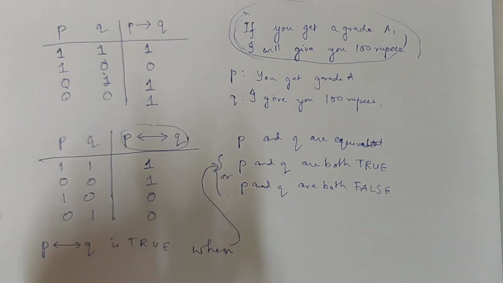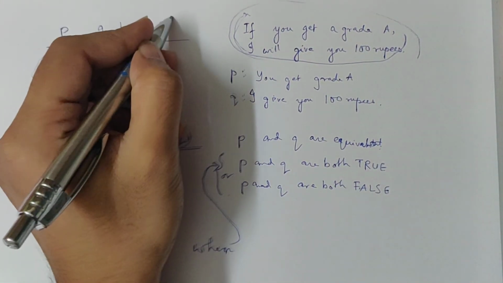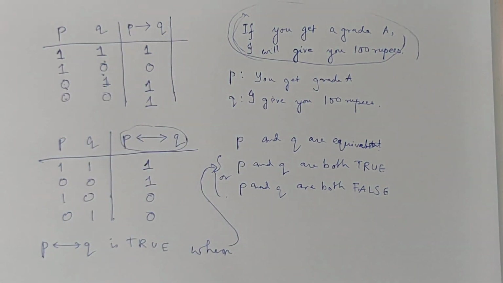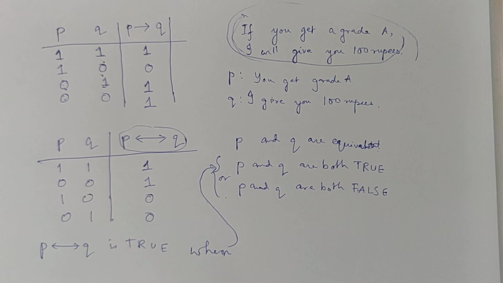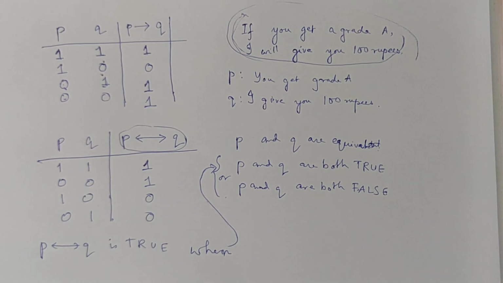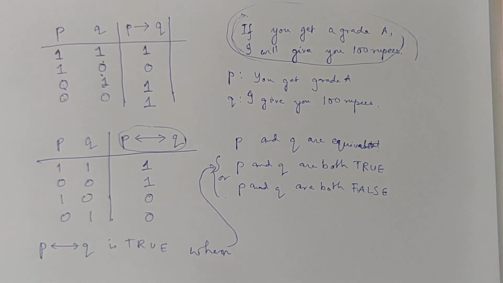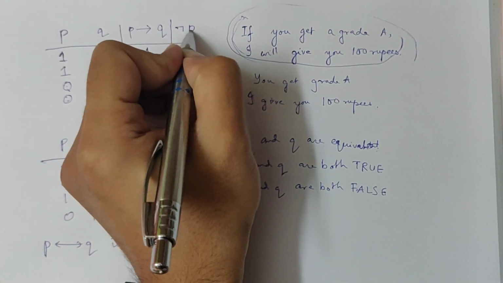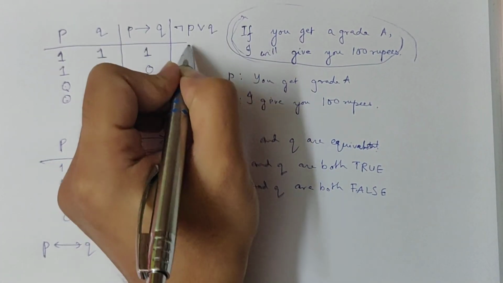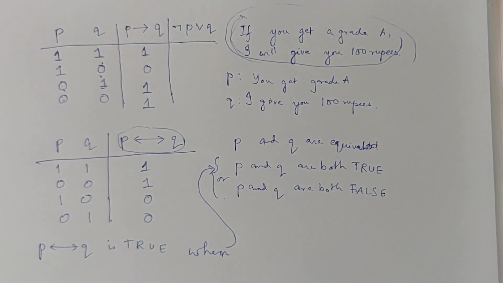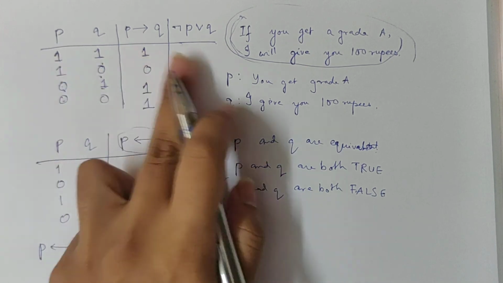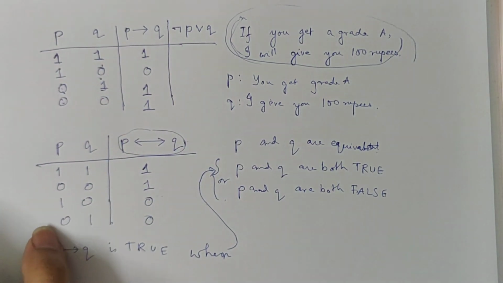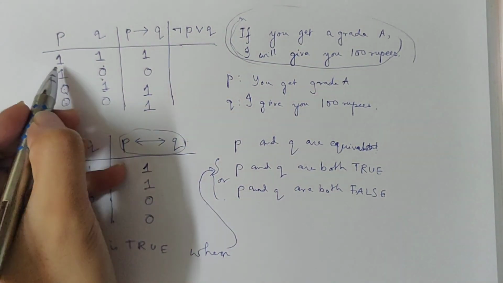I will just bring to your notice one thing. I will give you one compound sentence: not P or Q. Can you compute not P or Q for these values of P and Q? Of course we can.